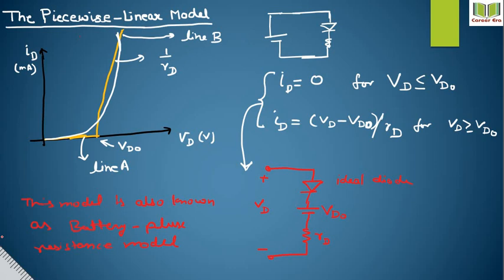So piecewise linear means that for that particular region the diode current is linear with slope 0, and for that particular region the diode current is linear with slope 1 upon RD.